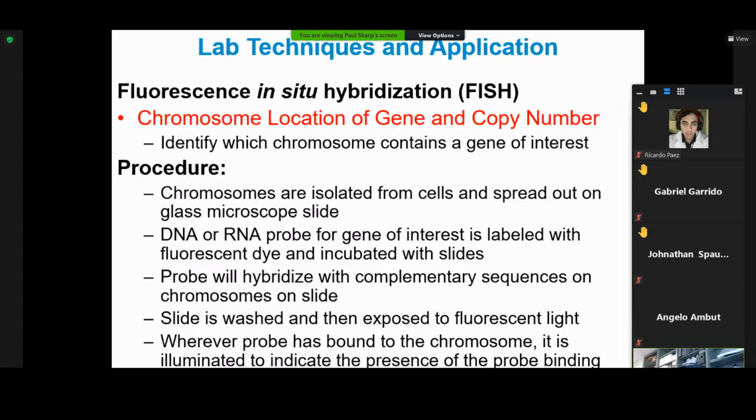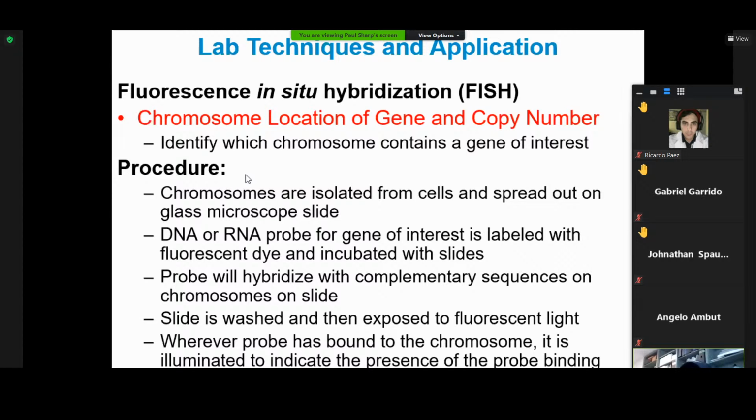We've learned everything from how to utilize restriction enzymes, how to do a DNA extraction, how to do reverse transcriptase, how to use northern blot, southern blot, qPCR, and now we have FISH. We use FISH to determine the chromosome location of a particular gene and also the copy number of a particular gene.